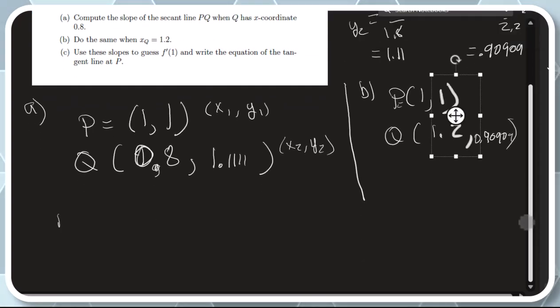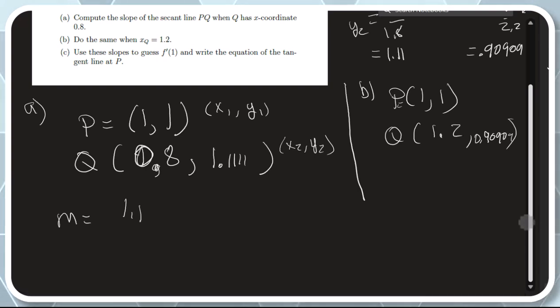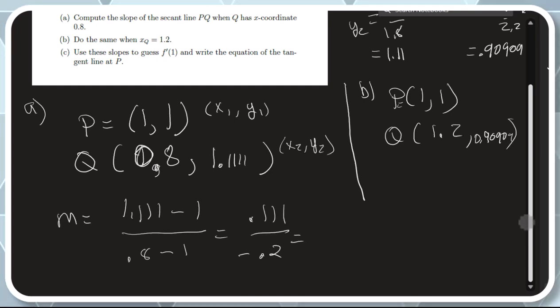And so the slope for part A would be 1.111 minus 1 over 0.8 minus 1, which is 0.111 over negative 0.2, which is negative 0.555.